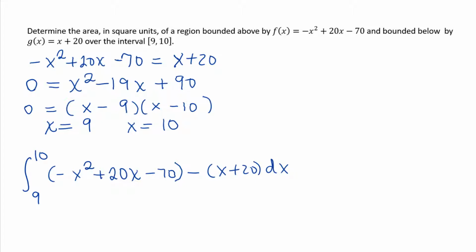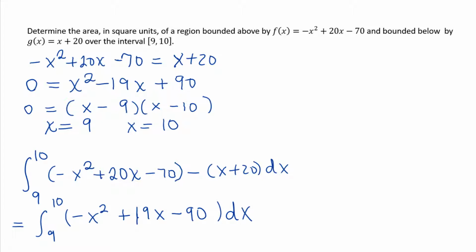Let's combine any like terms, so we will write the integral from 9 to 10 of minus x squared, then combining positive 20 and negative 1 for the x, we'll have plus 19x, and then negative 70 minus 20 will be minus 90.